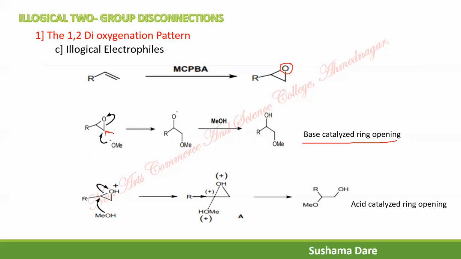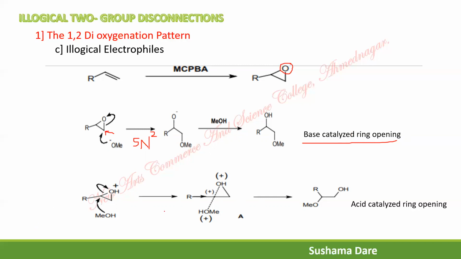It attacks the less hindered carbon, the ring opens up, and at the end there is abstraction of a proton from the solvent. So this mechanism is called an SN2 mechanism. In SN2, the nucleophile always approaches the less hindered carbon. So if you carry out the ring opening in the presence of base, it prefers the SN2 mechanism.